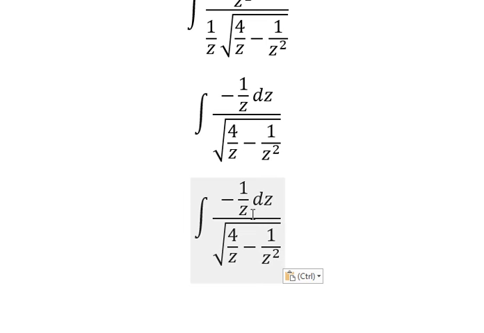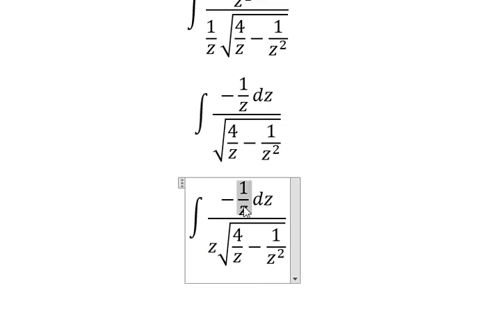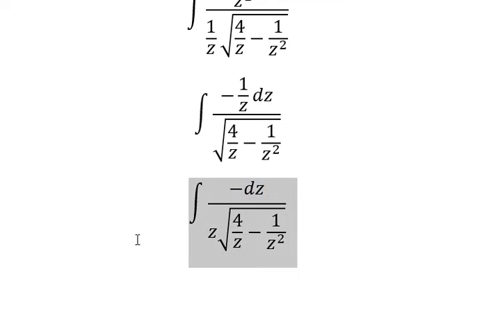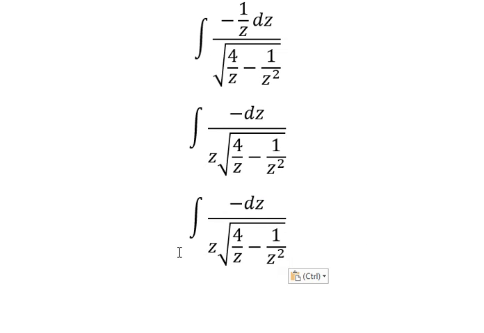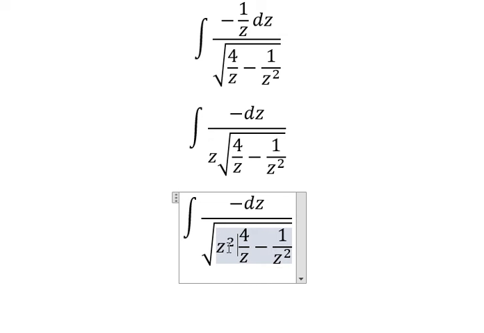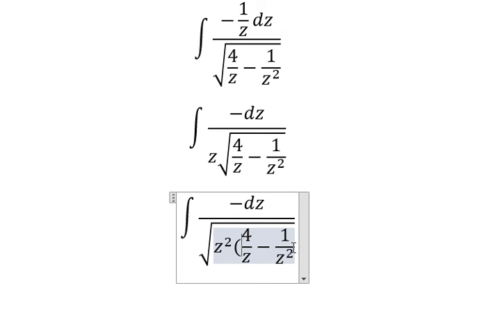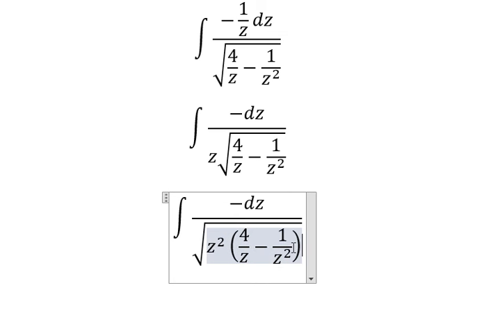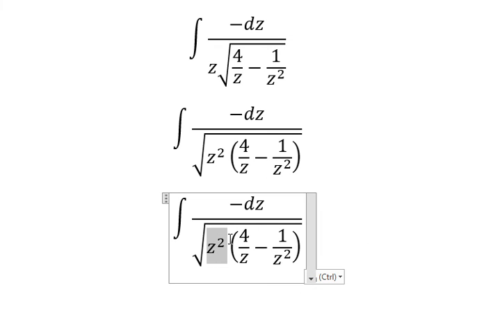So this one will go to the denominator. Now z goes inside the square root, and you get z squared. So z squared multiplied by 4 over z and 1 over z squared.